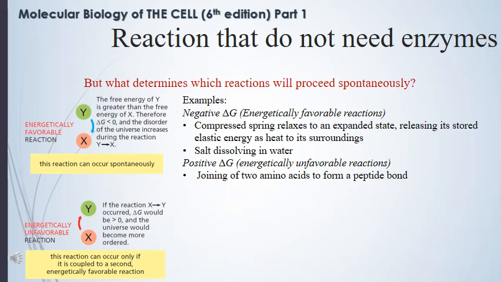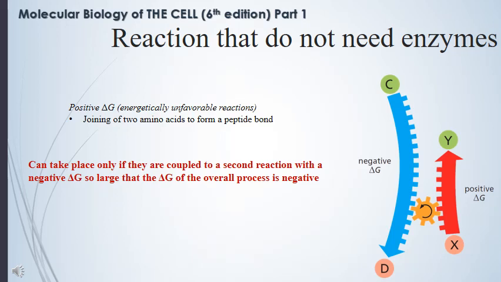Review question. Please describe what happens during hydrolysis. So here is an illustration of coupling of two reactions. The reaction of C to D and reaction of X to Y. Now X to Y goes up, so delta G is positive. The C to D goes downwards, the delta G is negative.